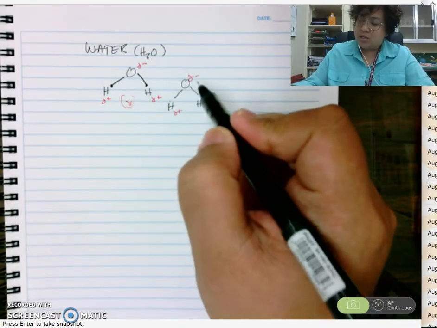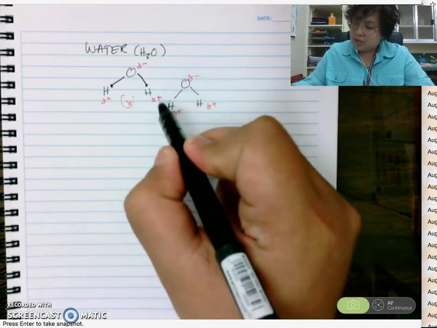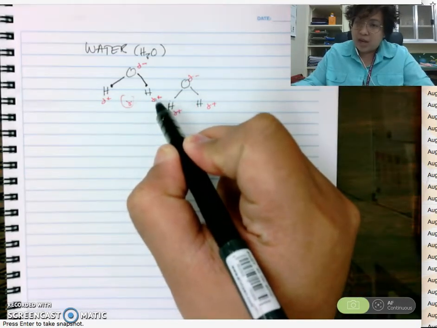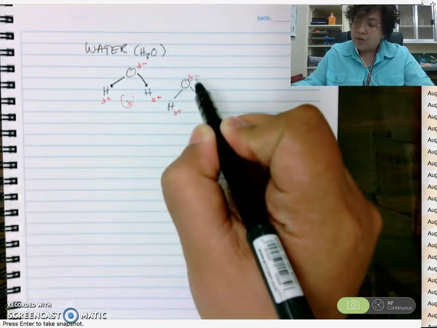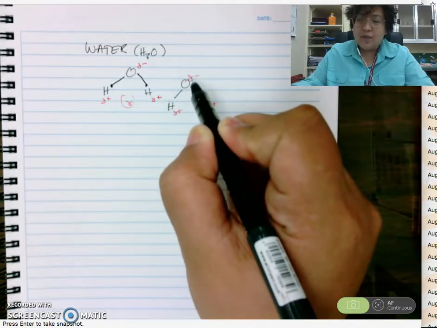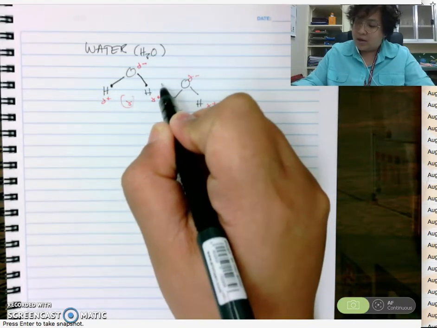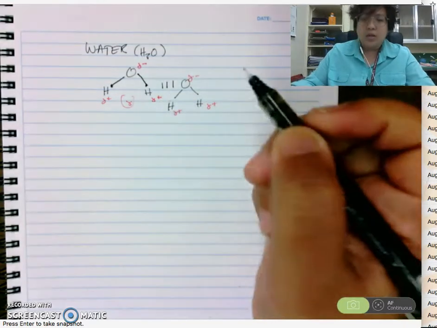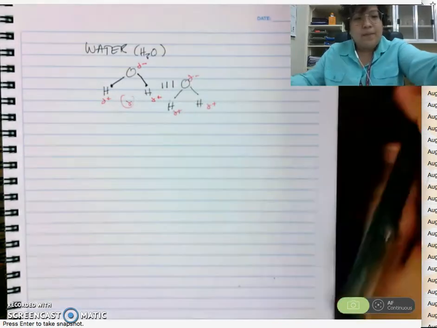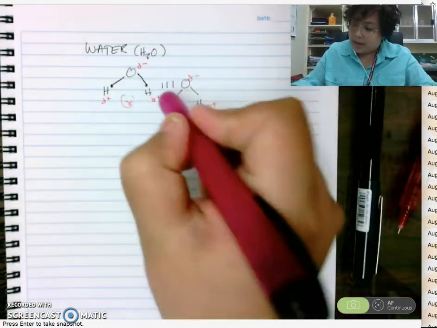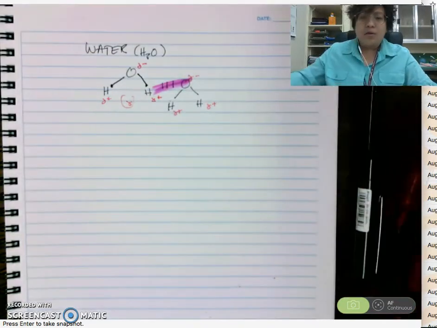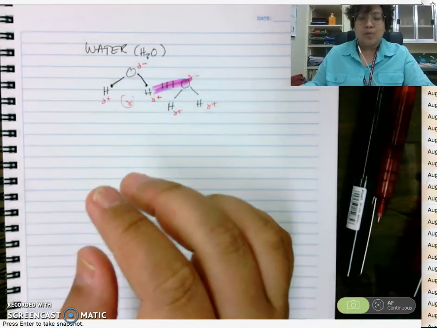So a hydrogen bond is formed between the partially positive side of one water molecule and the partially negative side of the adjacent water molecule. So let me draw a hydrogen bond by using this line. So you have here a hydrogen bond between two water molecules.